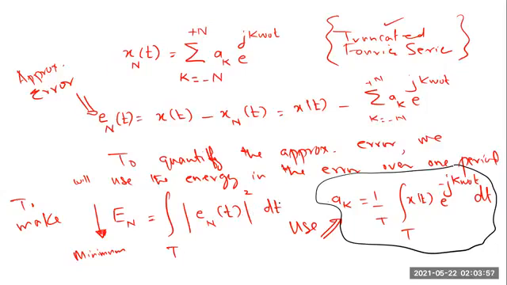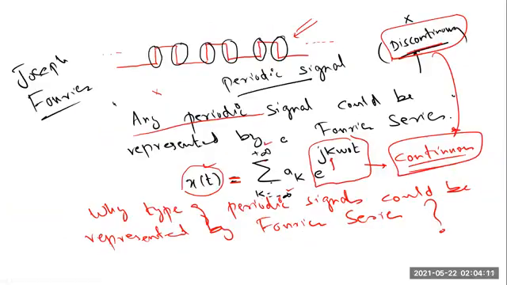But what is the important result that we can identify? To reduce the energy for the truncated Fourier series, the expression of a k is exactly similar to the expression that we use when we use the infinite Fourier series. If you remember, in this expression, how do we calculate a k? We calculate a k with the help of this expression.